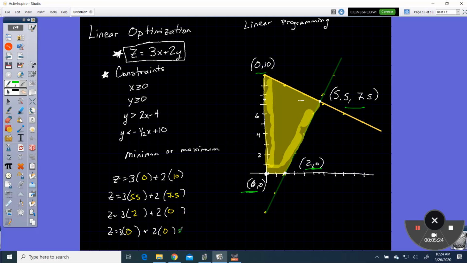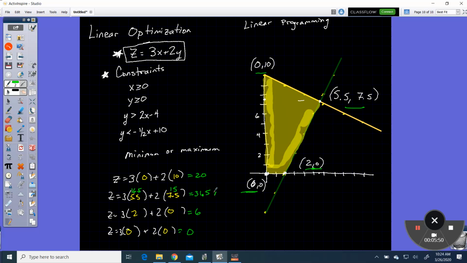Okay, and now 0 times 3 is 0, 0 times 2 is 0, 0 times 2 is 0, 3 times 2 is 6, 3 times 0 is 0, 2 times 10 is 20, 3 times 5.5 is 16.5, and 2 times 7.5 is 15. So that makes 31.5 when I add those together.